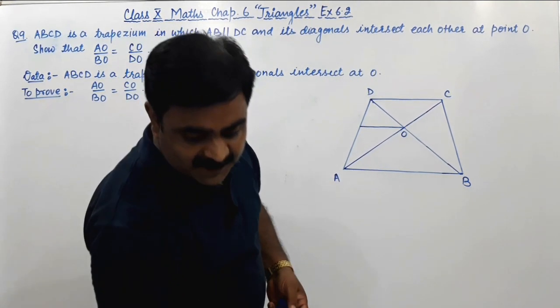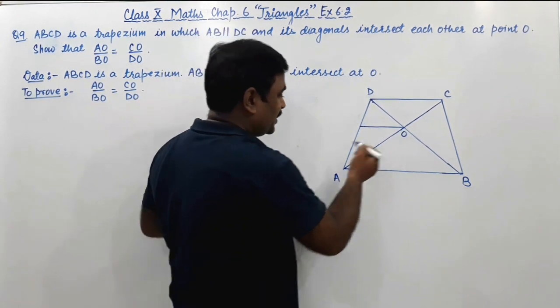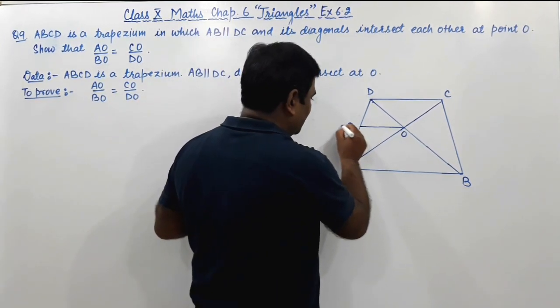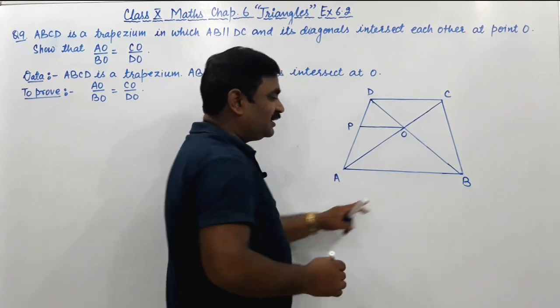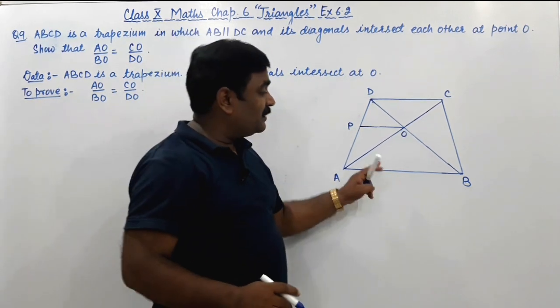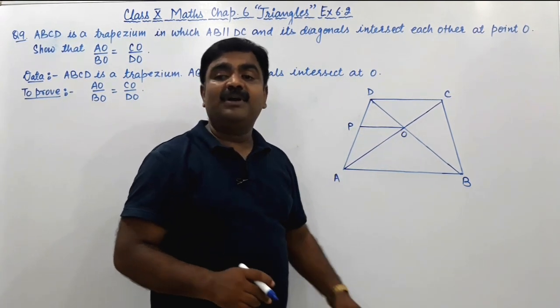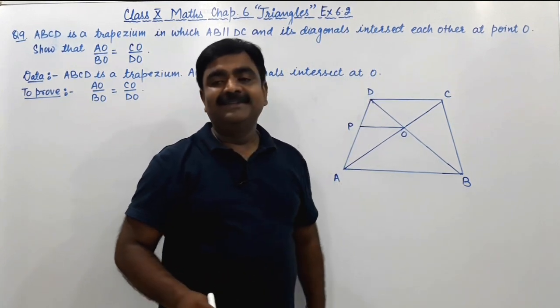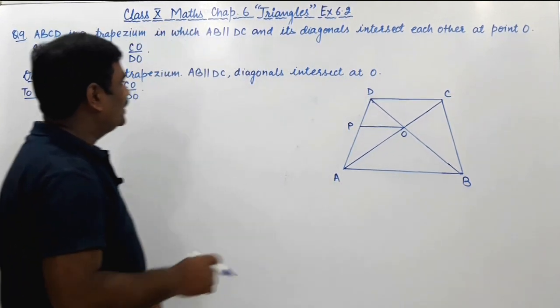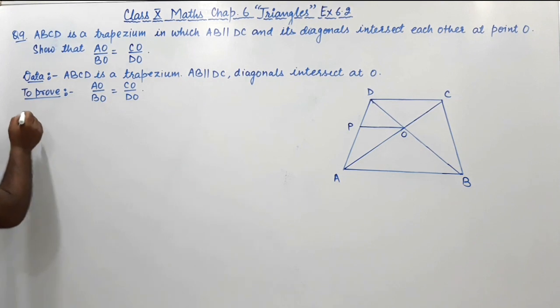Say this point is P, so PO is parallel to AB, हमने construct किया, so ये PO DC के भी parallel होगा because AB is parallel to DC. Understood?